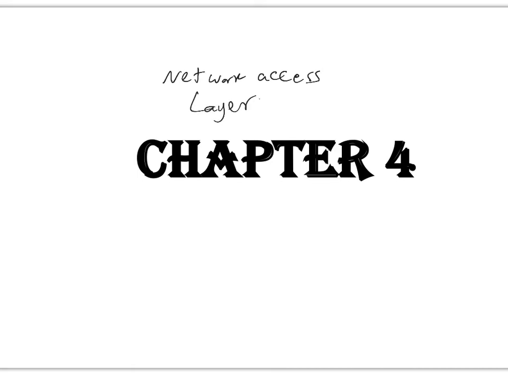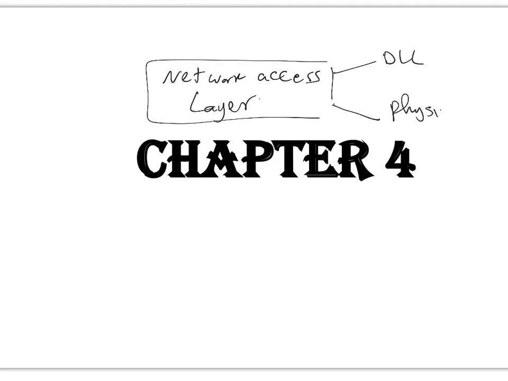And of course, as you all know, the network access layer is divided into two sublayers, the data link layer and the physical layer. Today we are going to start talking about the physical layer.